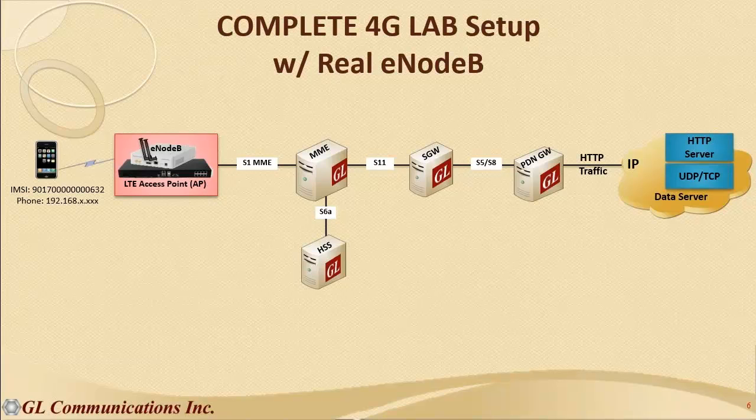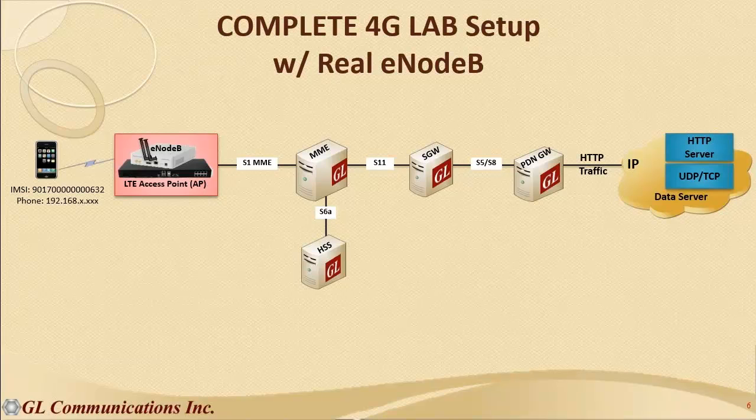To start with the solutions, GL provides a complete lab setup. As you can see on the screen, all the interfaces on the core network side are simulated by GL, that is S1 AP, S6a, S11, S5, S8.